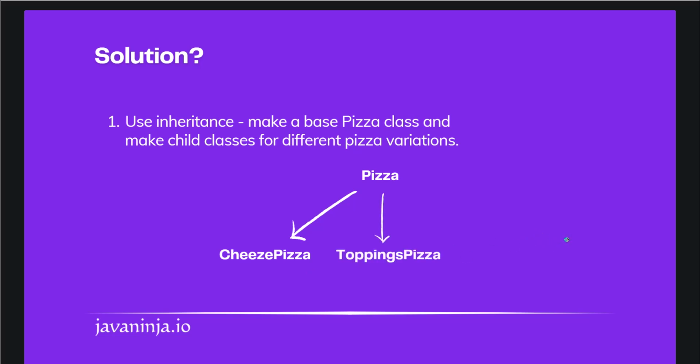Let's make one more class, toppings pizza. This also will be the child class from the base pizza class. This will effectively contain crust, sauce and toppings. We'll create one more class which will contain all the attributes, crust, sauce, cheese and toppings.